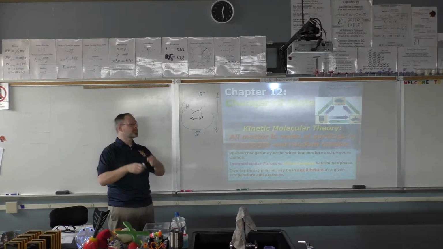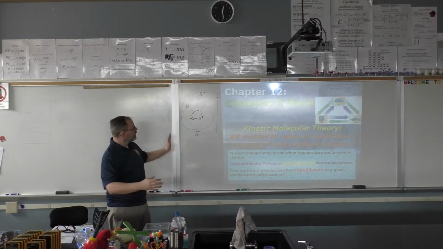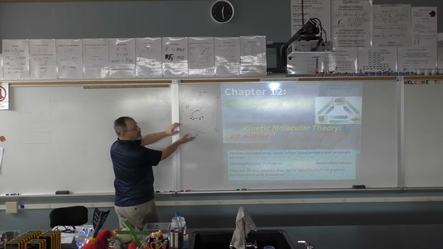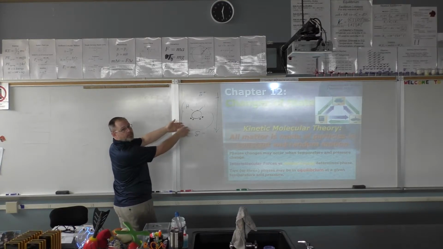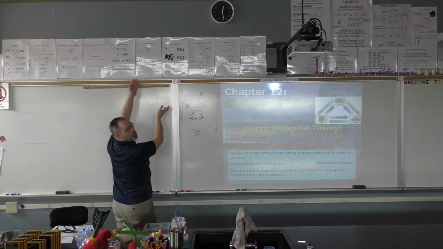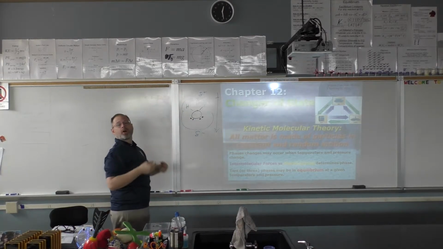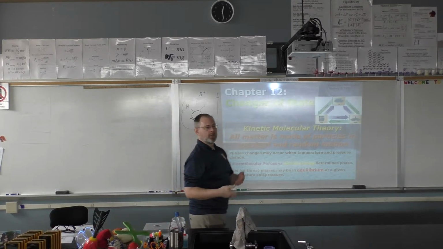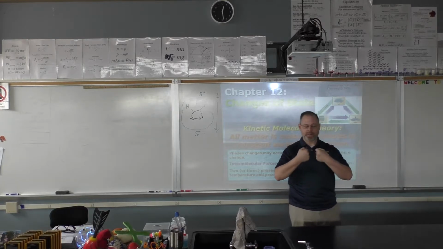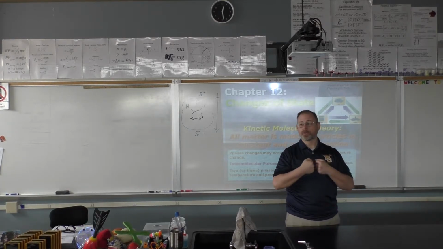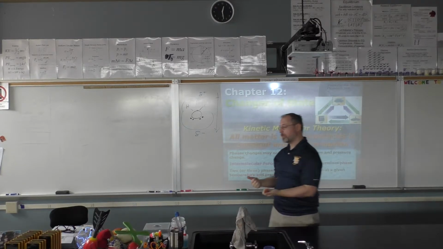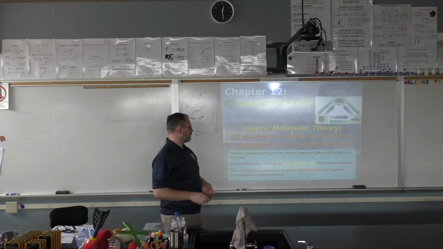So if you have a whole bunch of water molecules, and another water molecule coming along, the partial positive end will be attracted to the partial negative end of the other water. And then the partial positive here will be attracted to another water's partial negative. Those are intermolecular attractions. And when we're talking about states, what we're talking about is the battle between intermolecular attractions and kinetic energy. We're talking about state changes, about one becoming bigger than the other.